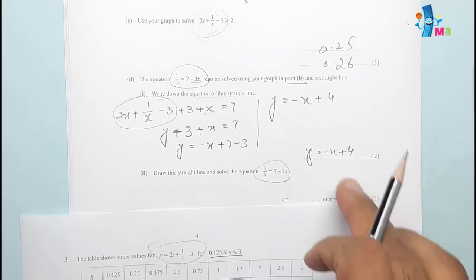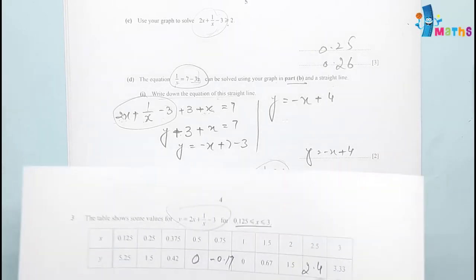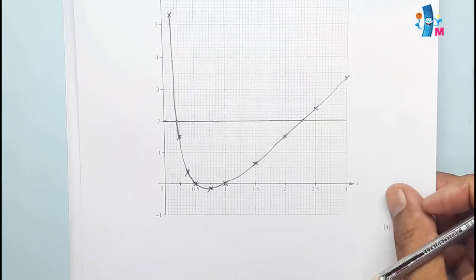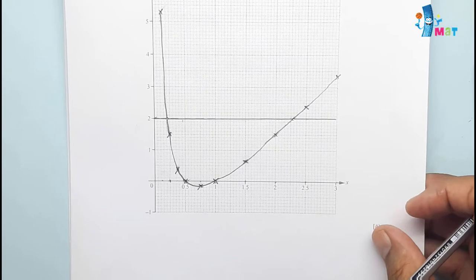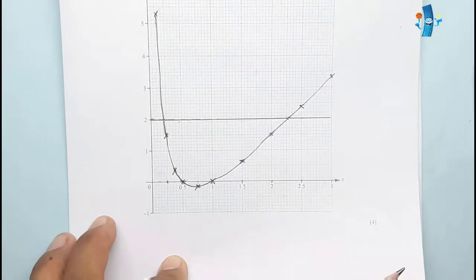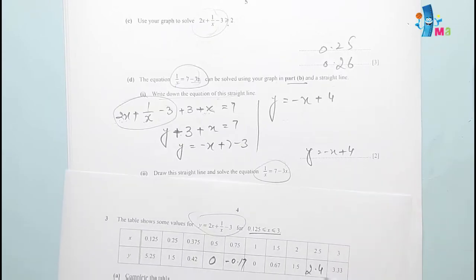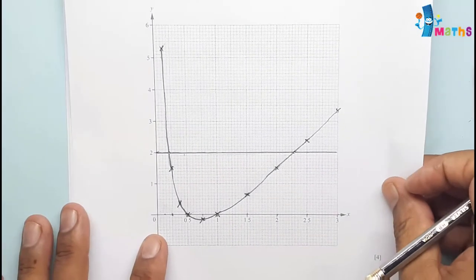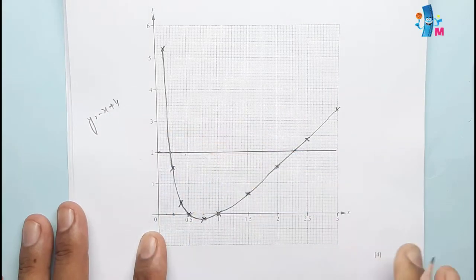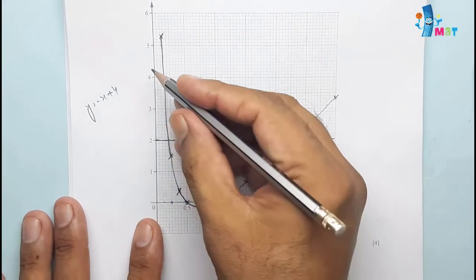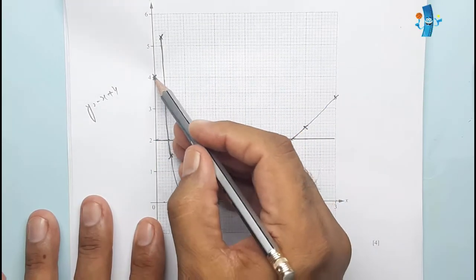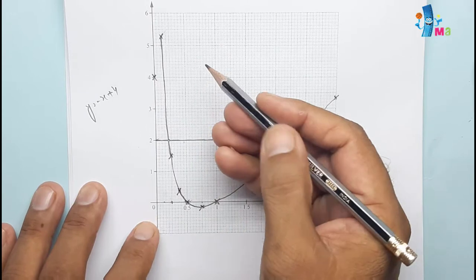So we'll have to draw this straight line, and if we again go to the graph which we have drawn, we will be drawing the equation of the straight line on this one, and we know that y is equal to minus x plus 4. I will write down the equation over here, y is equal to minus x plus 4. So we will be drawing this. Plus 4 means it's passing through this point 4, and minus 1 means the gradient is minus 1.